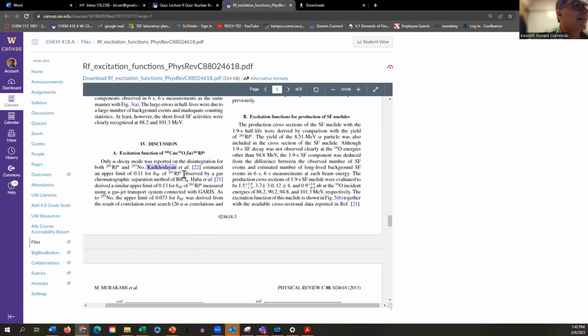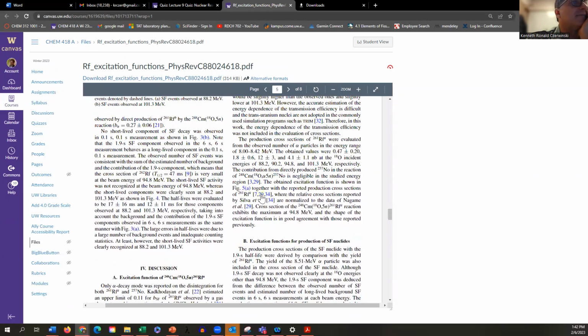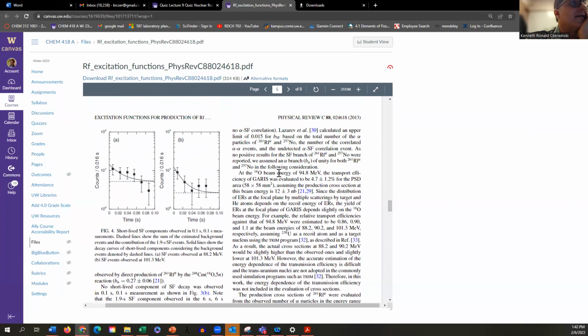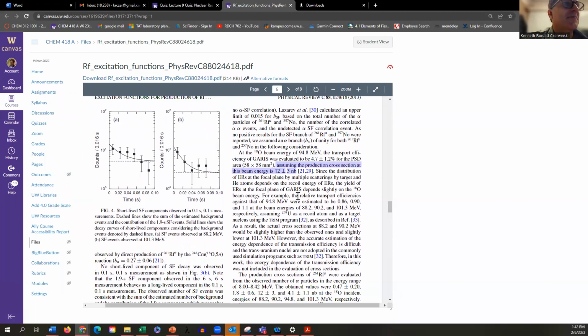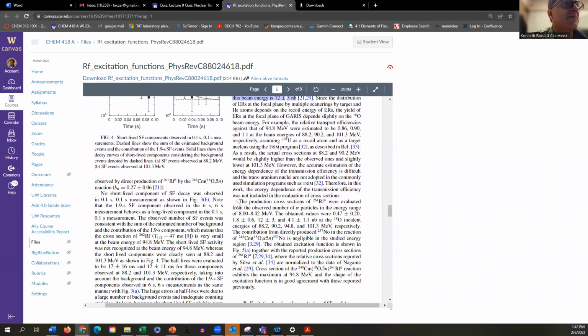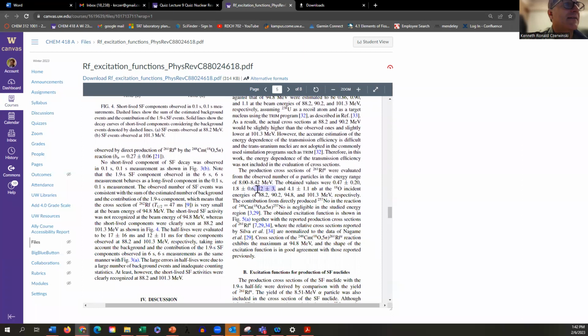But this is Babak Kadkodian, who was a colleague of mine in graduate school. He did work on gas phase studies of rutherfordium. Assuming the production cross-section at this beam energy is this, there are some values put in here, and a bunch of cross-sections listed here. This is a value that people have looked at.